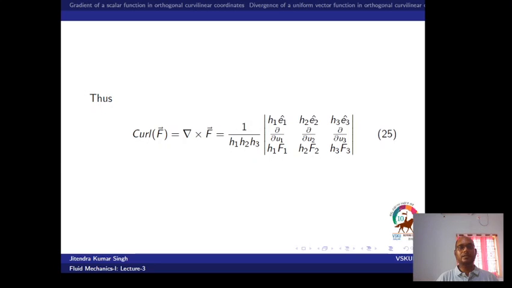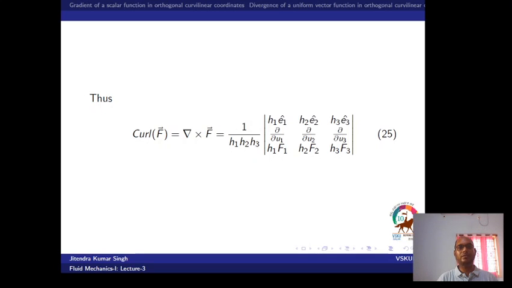In the next class we shall discuss some special kinds of orthogonal curvilinear coordinate systems. Particularly we shall discuss the Cartesian coordinate system and the cylindrical coordinate system, as well as the spherical polar coordinate system.